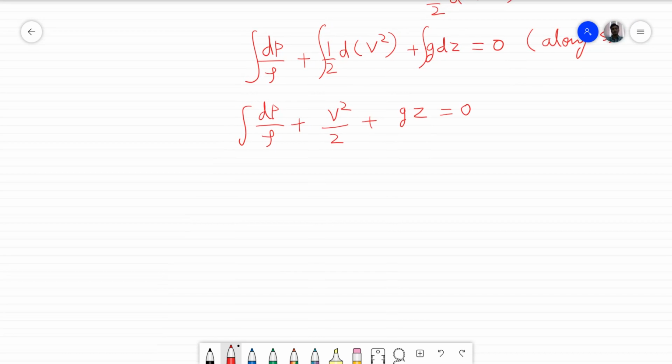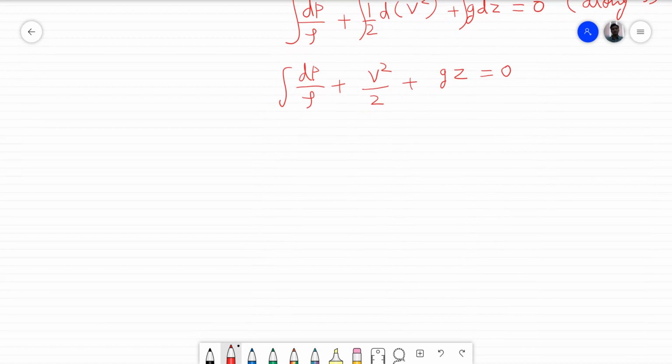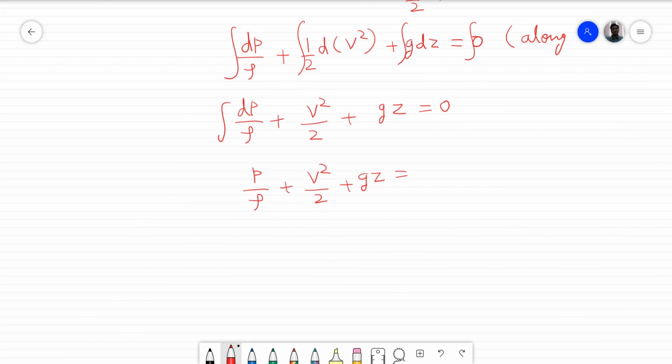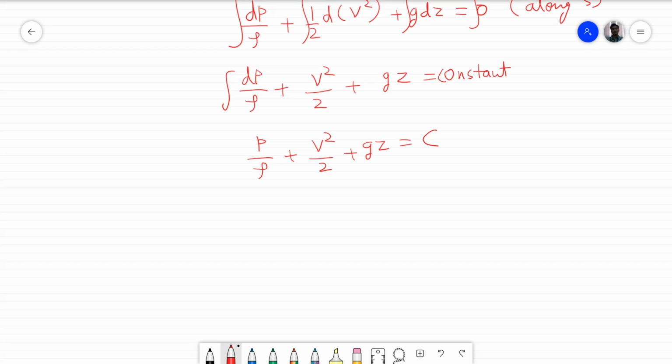This is equal to a constant along the streamline S. Now if density is constant, we can write integral dp by rho. So the dp integral will be p by rho plus v square by 2 plus gz equal to, and it was not 0, you have to integrate this 0 also, so this becomes a constant, equal to c, and this has to be along a streamline.